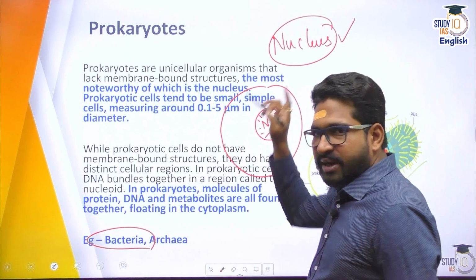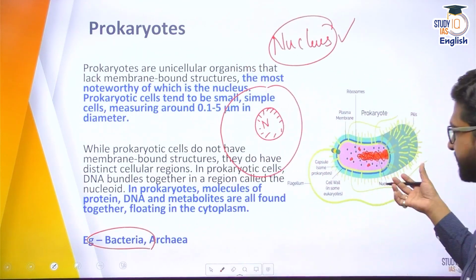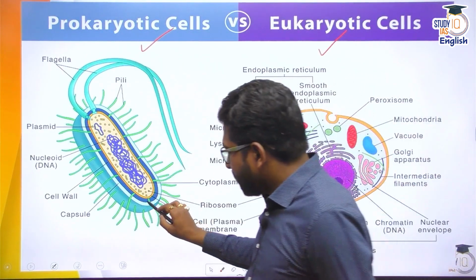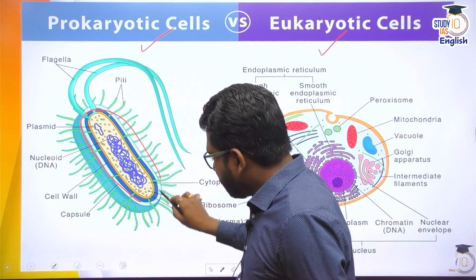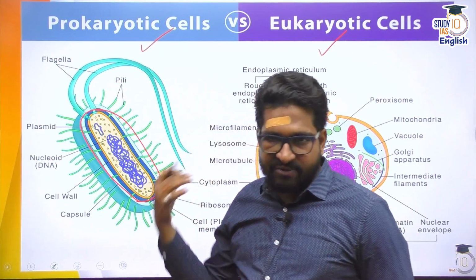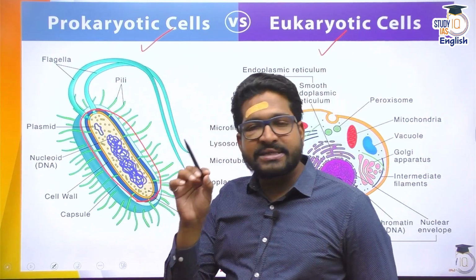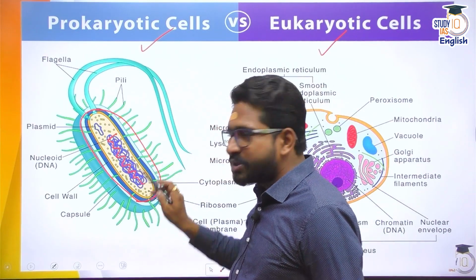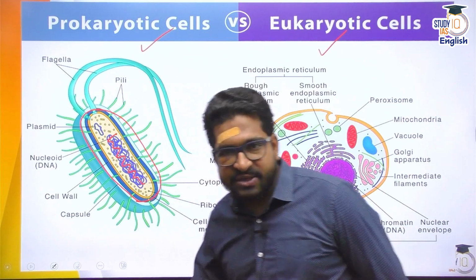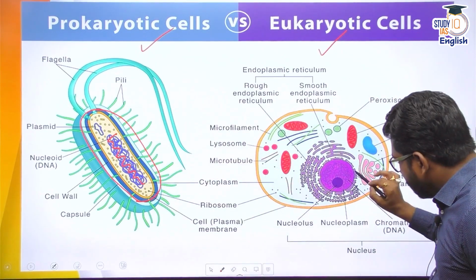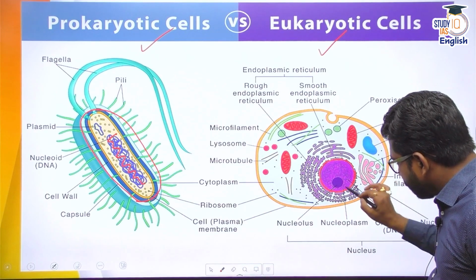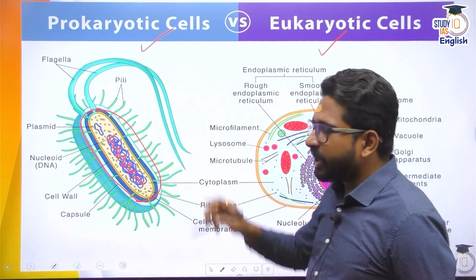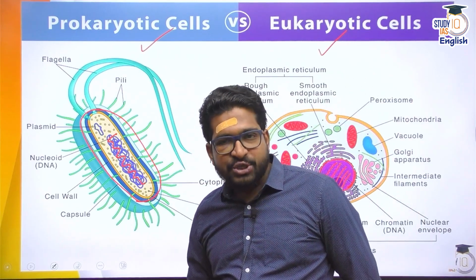But in prokaryotic cells, this is a classic picture of a bacteria, where yes, there is a cell membrane or a cell wall, which is the outer layer, but the genetic material is completely spread out through the cell. Whereas in a eukaryotic cell, the nucleus is somewhere here and the nuclear material is only enclosed within this particular part. Apart from this, prokaryotic cells lack cell organelles.